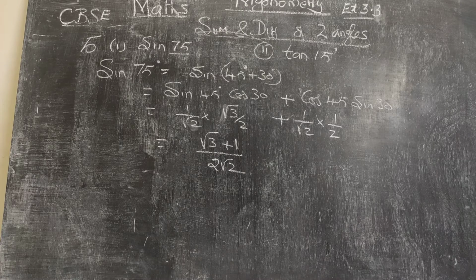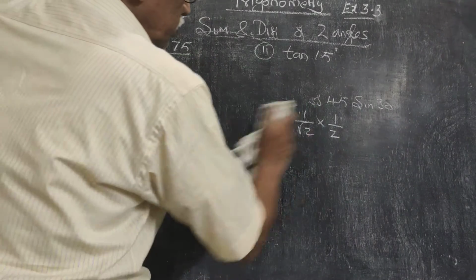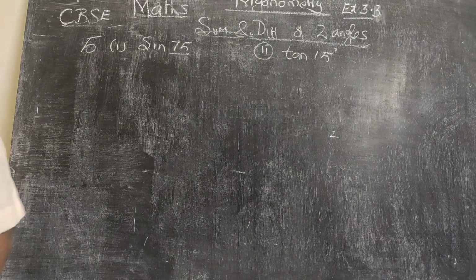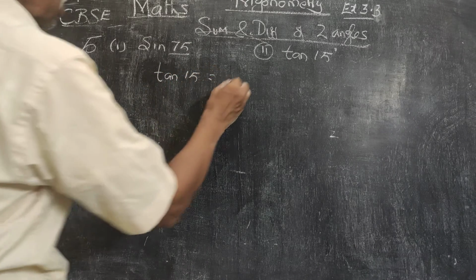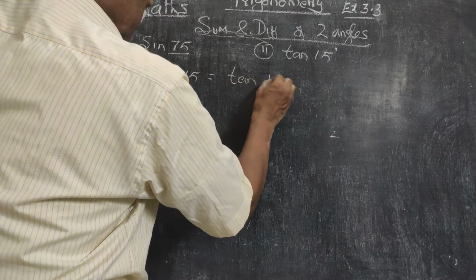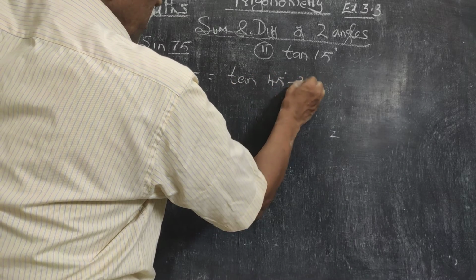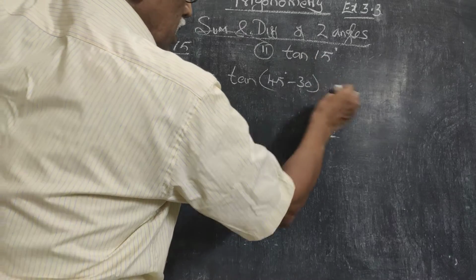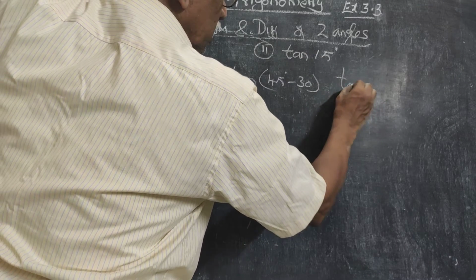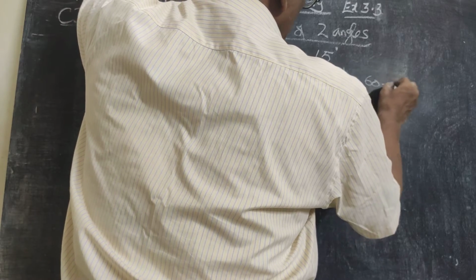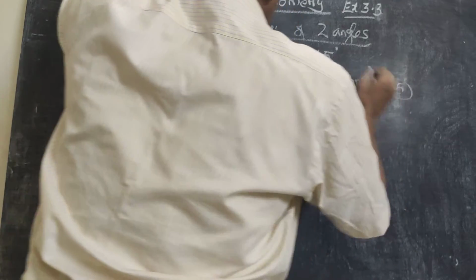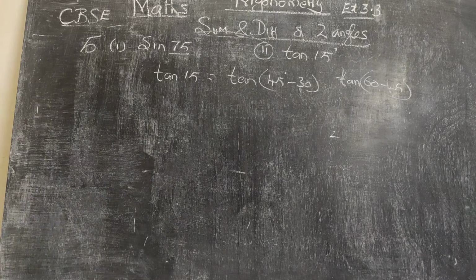Now regarding tan 15, we can take it as tan of 45 minus 30 or tan of 60 minus 45 also. But this problem was asked in the example.